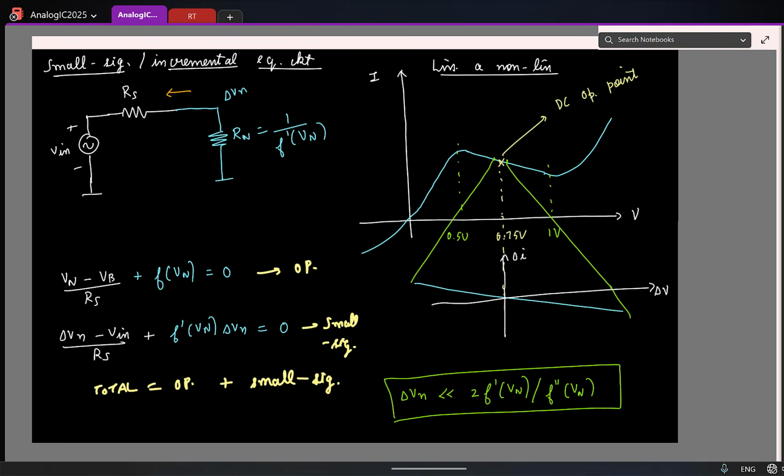Because origin is essentially a point which is not moving. For small signals, the DC operating point is not moving. Now look at this small signal IV characteristic. It is lying in which quadrants? Second and fourth. So for small signals, what kind of a device is this? Active device. Okay. So that's the other thing. So I will say this is small signal.